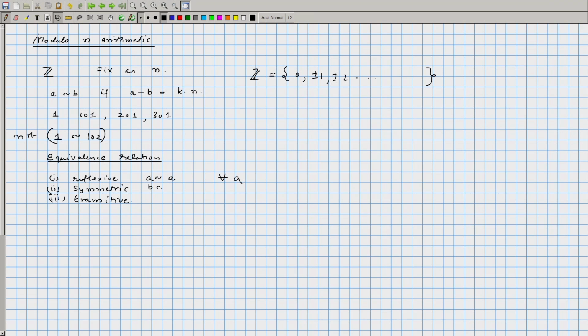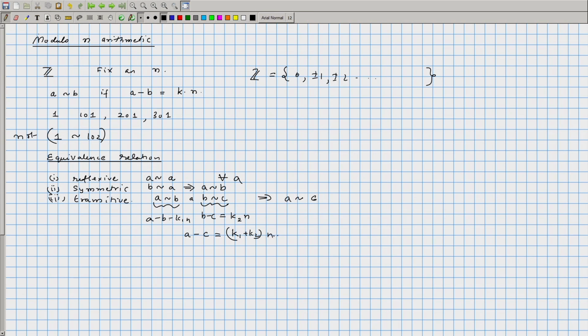It is symmetric: if b is related to a, this would imply that a is related to b, because if one of b minus a and a minus b is a multiple of n, the other is also. And it is transitive because a related to b and b related to c would mean that a is related to c. This can be seen by observing that if a is related to b, then a minus b is equal to k1 n, and b minus c is equal to k2 n, and if you add these equations up, you will get a minus c is equal to (k1 plus k2) times n.